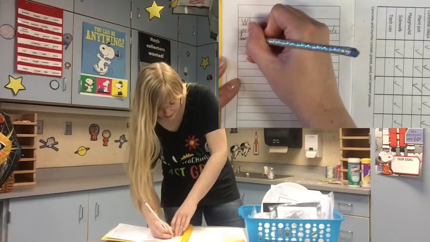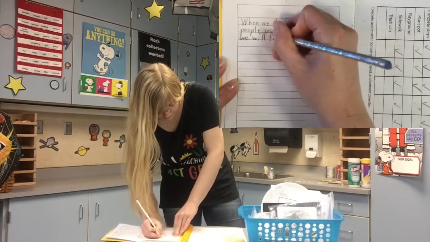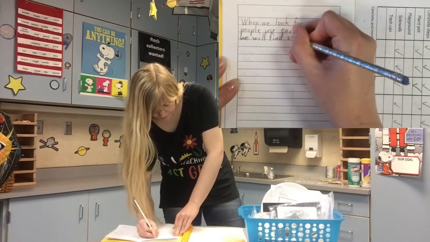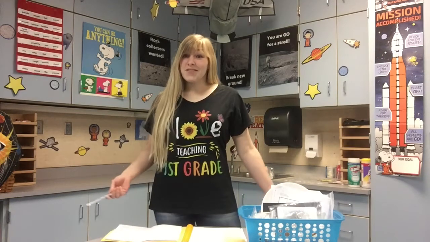Right, I think we're going to find some. We will find some. Don't forget to write how you know. How do you know we're going to find some? Because I've seen them before.